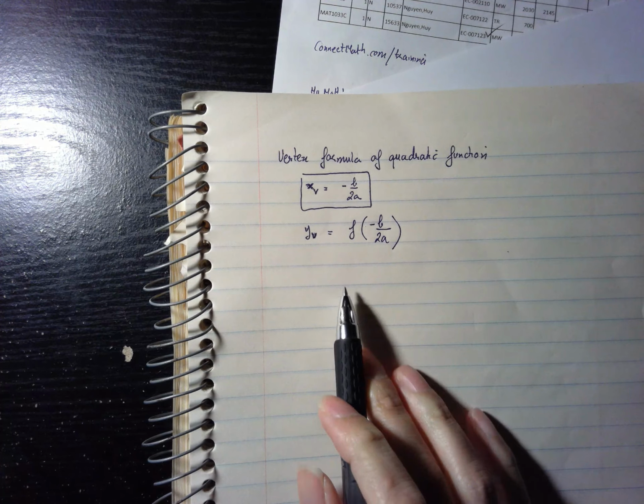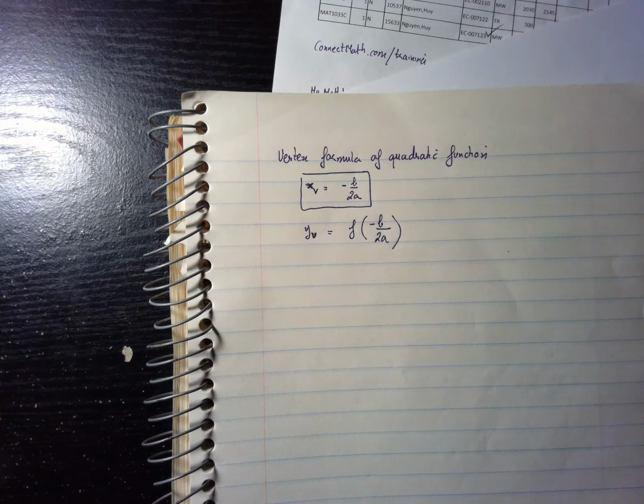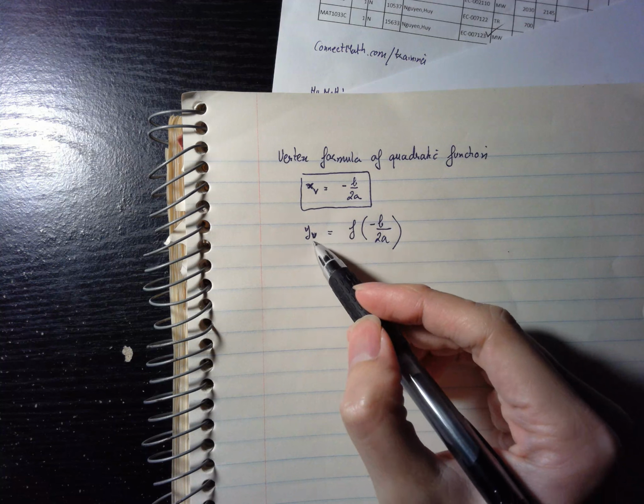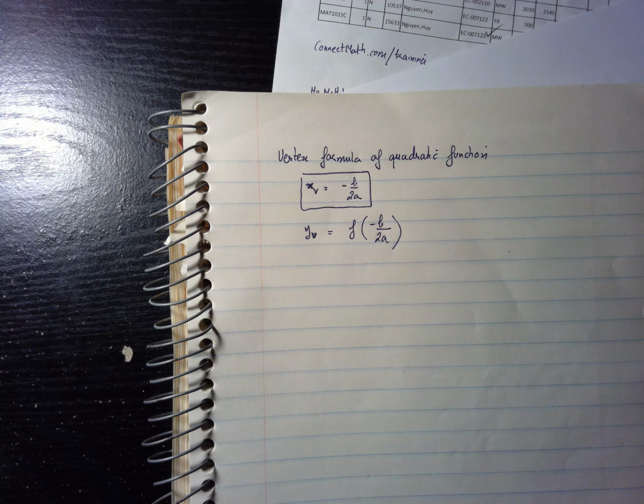When I write f of negative b over 2a, I mean you plug negative b over 2a into f(x) = ax squared plus bx plus c. Okay, so this is x_v and this is y_v. Then you have the coordinates of the vertex point. I'm sorry. Okay. All right.